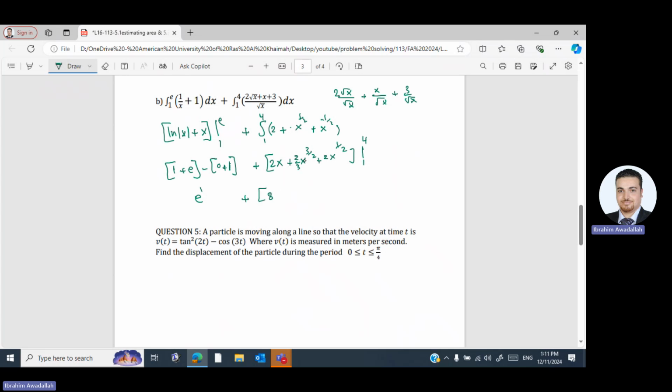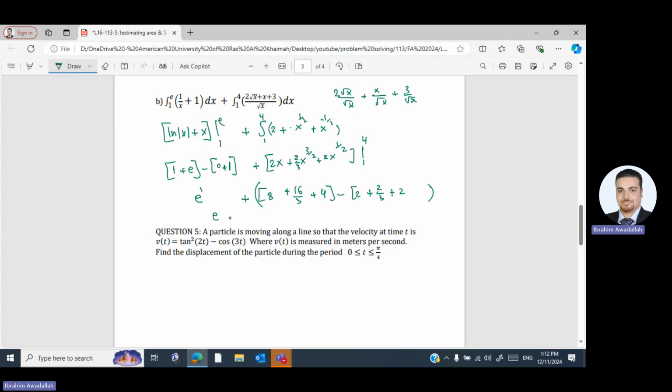Substitute 4 here, 2 to the power 3, 8, 16 divided by 3, plus substitute 4 here, the root of 4, 2 times 2, 4. Minus, don't forget, all these will be, substitute 1 here, 2, oh, this time the brackets come on. Substitute 1 here, 2 over 3. Substitute 1 here, 2.